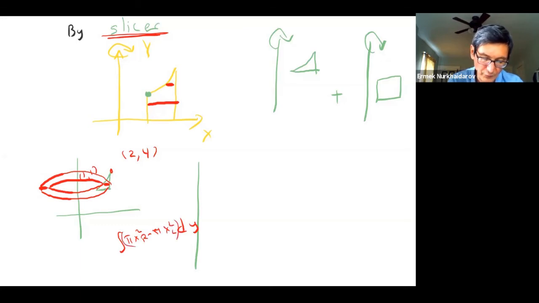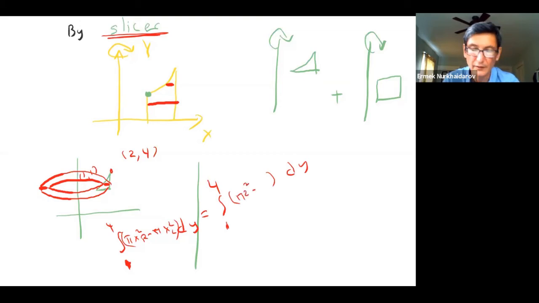And y will be changing from 1 to 4. So integral from 1 to 4 dy. X to the right is 2, so 2 squared, minus x to the left, which comes from the equation y equals x squared, so square root of y.